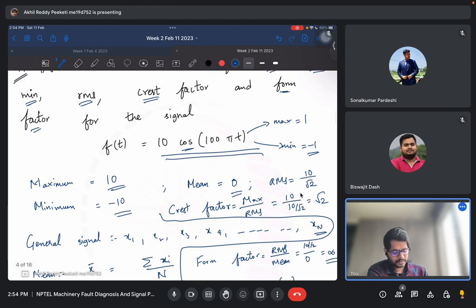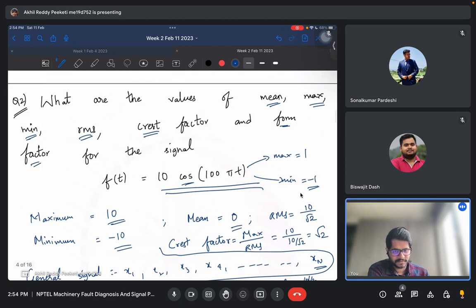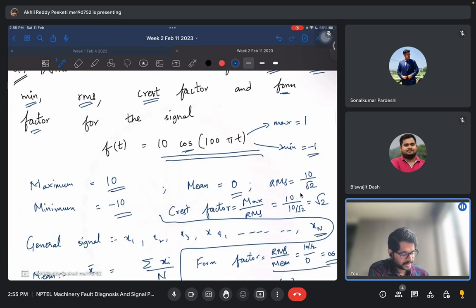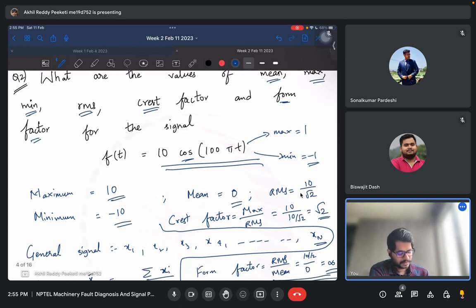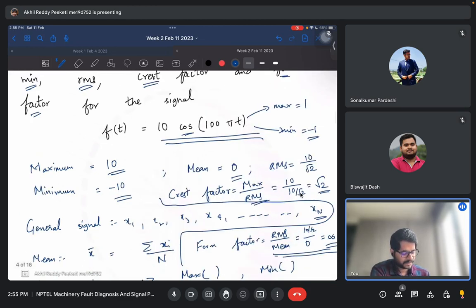So for a sinusoidal wave or cos wave, the form factor always becomes infinity because the mean is 0 if it is just a pure sine or cos. And the crest factor, if it is pure sine or cos, would be just root 2 always. So this you can remember. The crest factor is defined as maximum by RMS, the form factor is RMS by mean, and RMS is amplitude by root 2.